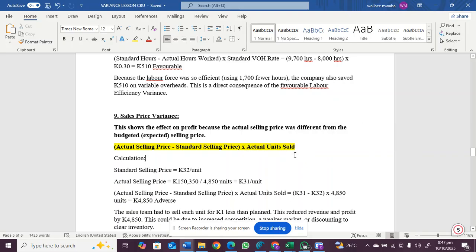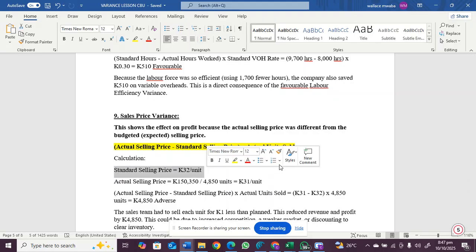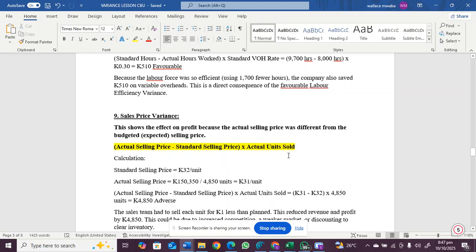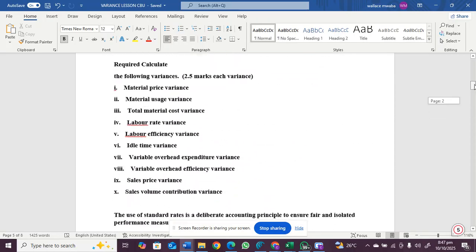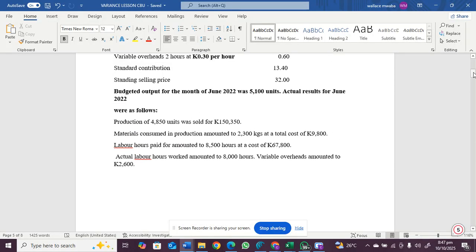Our actual selling price in our question has been given, 32 kwacha per unit. Our standard selling price, we have to find out first what was the total revenue divided by the number of units. Remember in our information here, these 4,850 units were sold for 150,350.